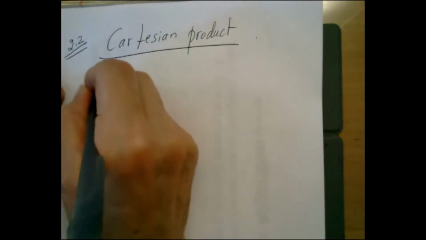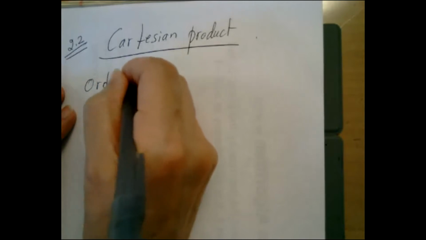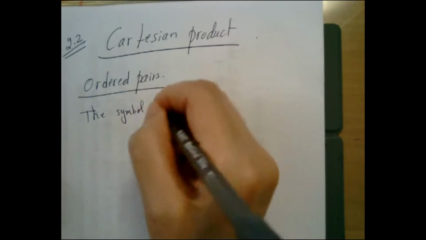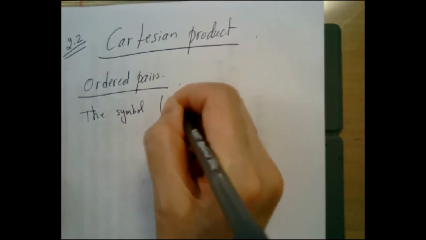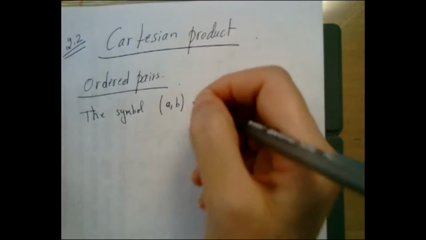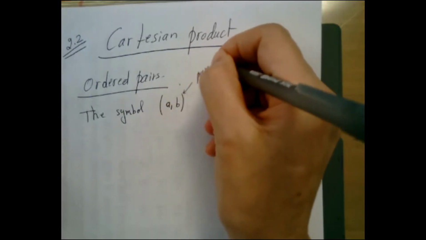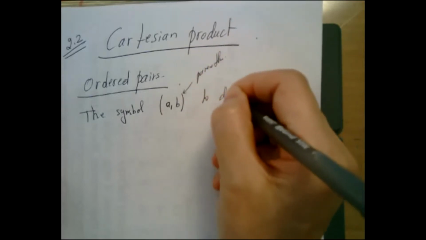What's the Cartesian product? Before I talk about the Cartesian product, I would like to talk about ordered pairs. So what's an ordered pair? We use the following symbol: parenthesis A, comma, B, to denote the ordered pair.